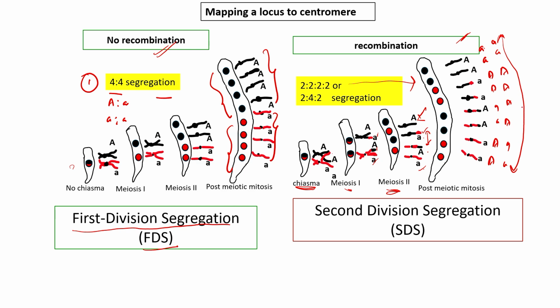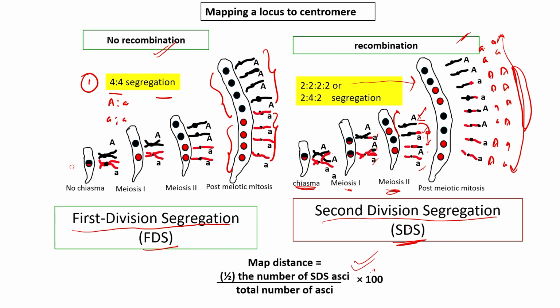So this is how these spores can be arranged. So if this A is on the other side, this A is on the other side and this one is on this side, then you will get this kind of arrangement. So this we call second division segregation. So this is the actual condition where the recombination can be seen, right.